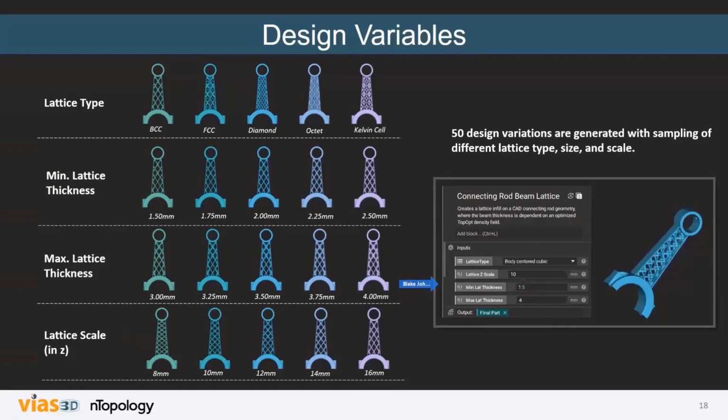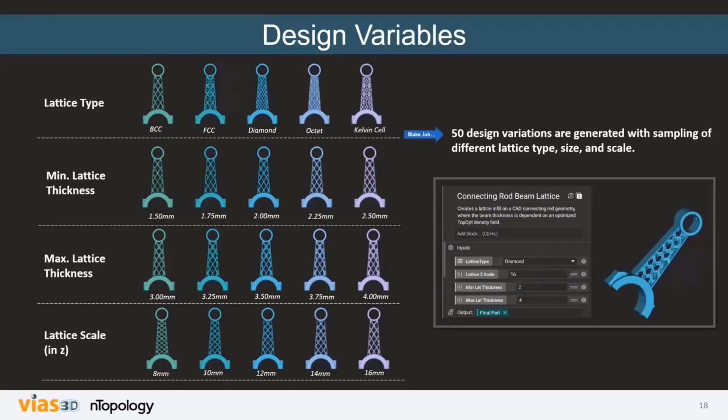So I'm just looking at different lattice types, Z scales, and thicknesses. This is actually done through a headless command line interface, right? We're just controlling these inputs with a file. But here you can see how the nTop file is set up. You have some inputs here, like I specified to the left, and you have an output, like the final part, or the mesh and the Abaqus model. Things like that can all be outputs.